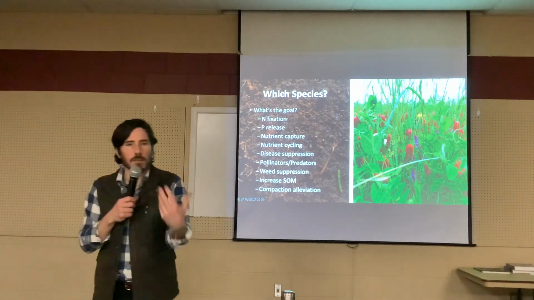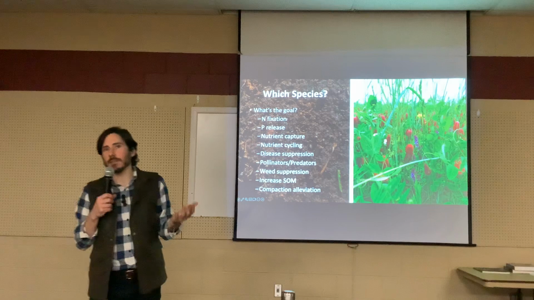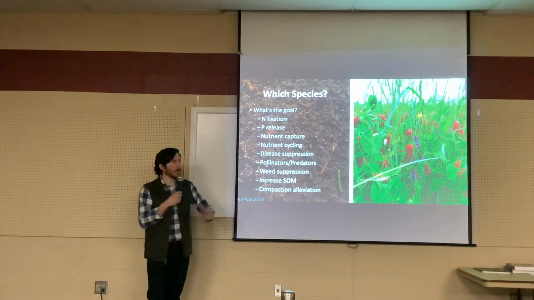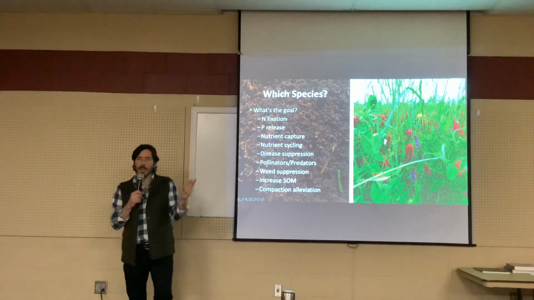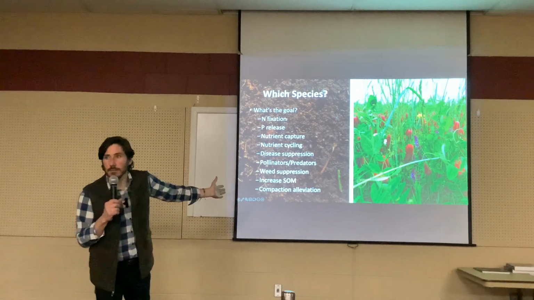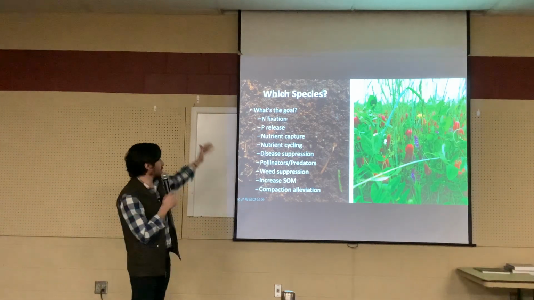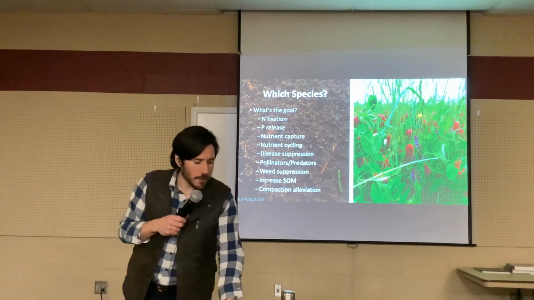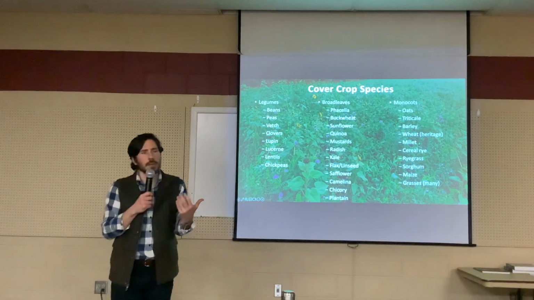And that's the point about the cocktail covers or the diverse stands of plants. You've got different plants with different specialities, different modes of action, different functions that can do all of those different things all at the same time. Multifunctionality. So if you want multifunctionality, which is a list of all of those or most of those, then that's where some of the diversity discussion can be very beneficial.